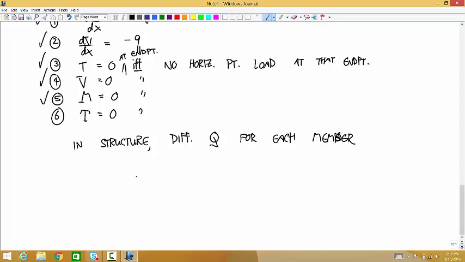Okay, so if you have a structure like this, you'd calculate the external loads, and then for this member, Q takes this coordinate system to this coordinate system.